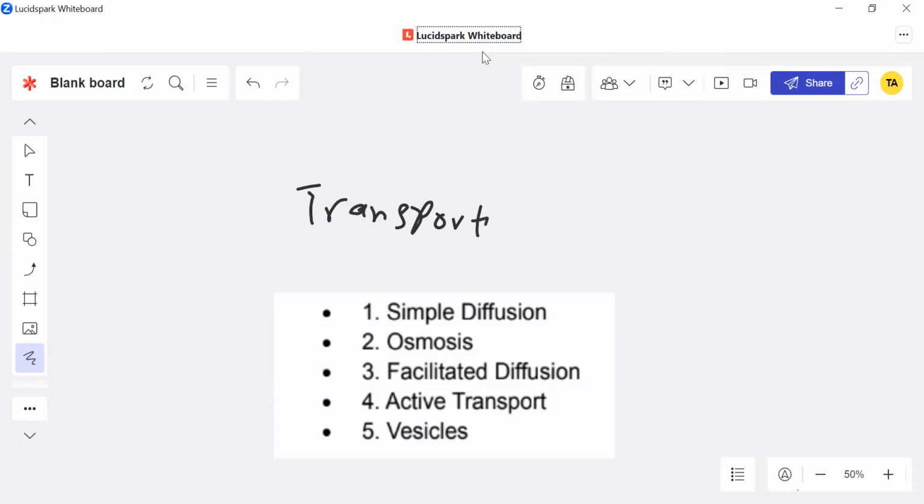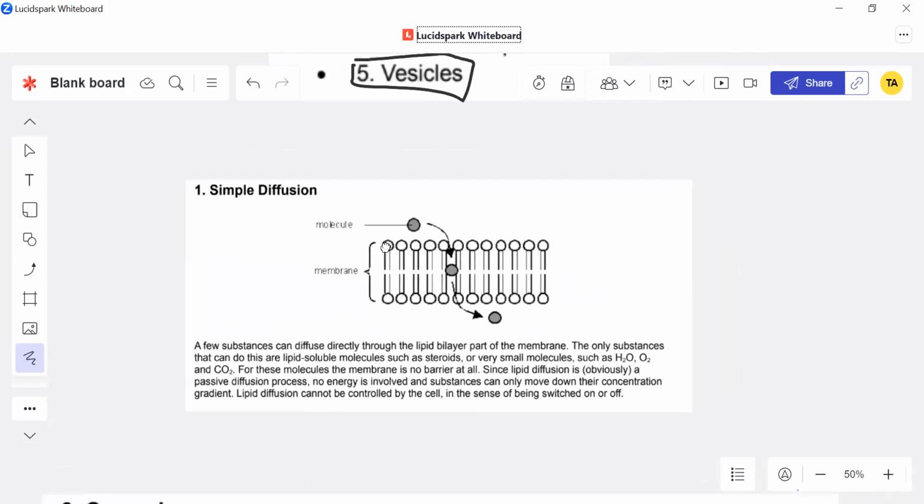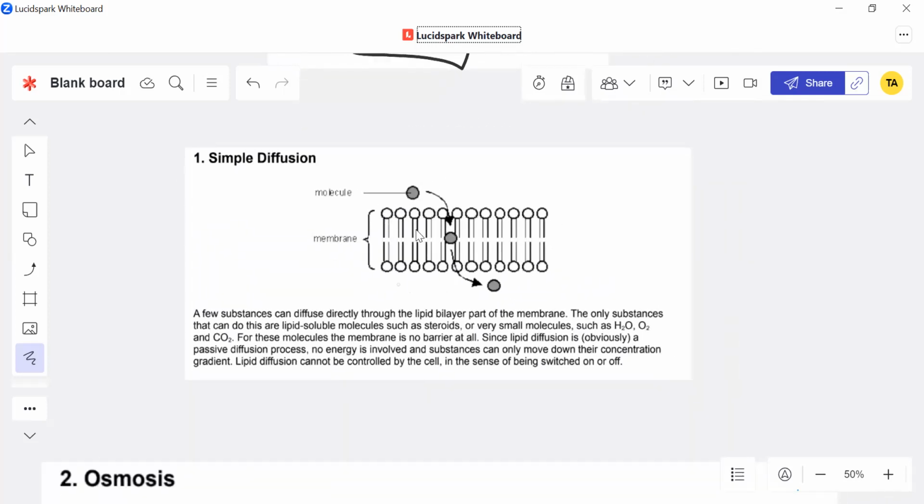Now, there are 5 different ways through which substances are transported through the membrane. The first one is simple diffusion, then osmosis, facilitated diffusion, active transport, and the last one involves vesicles. So let's start with simple diffusion first. What is simple diffusion?